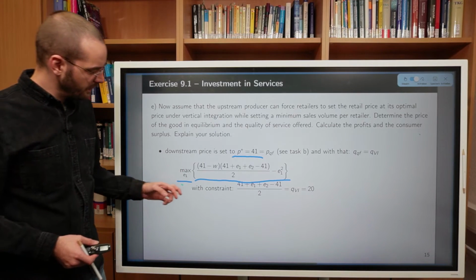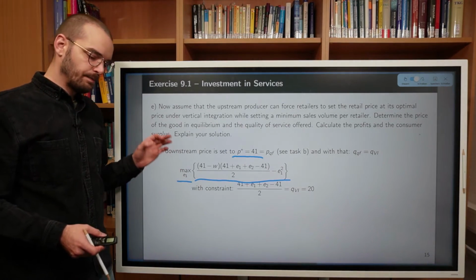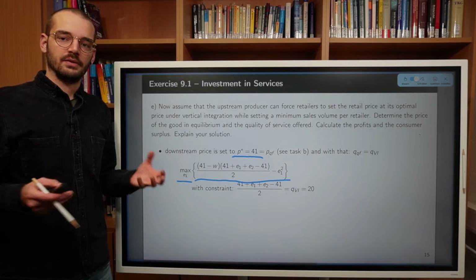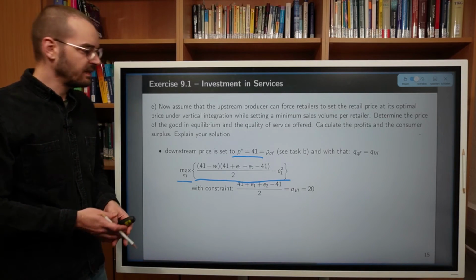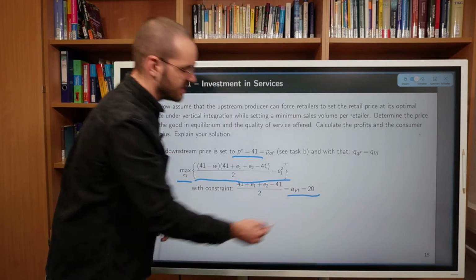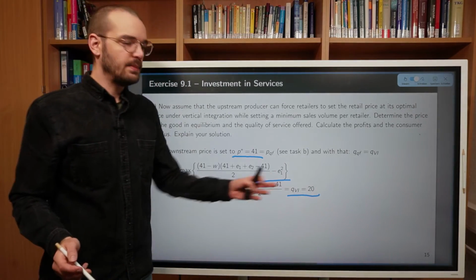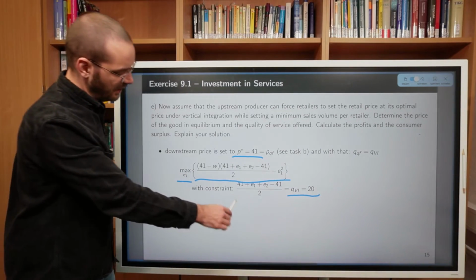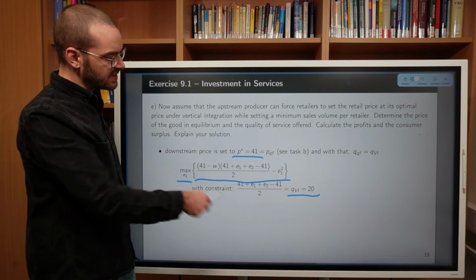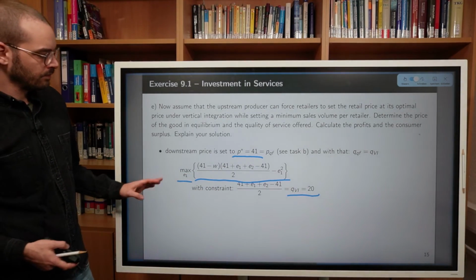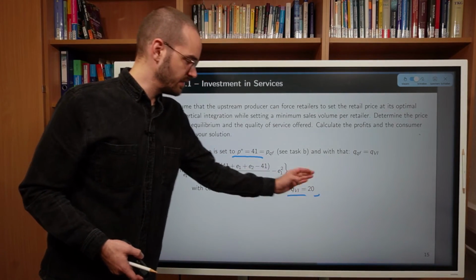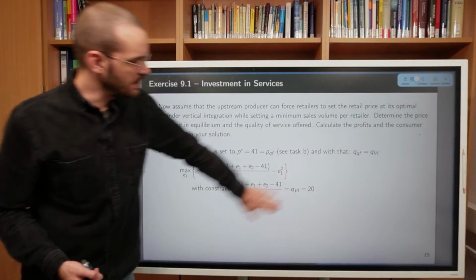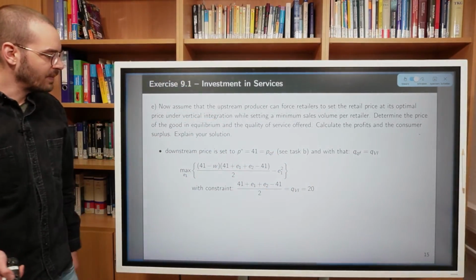But now the downstream firm is choosing their profit maximizing amount of services provided E under a constraint. The constraint being that they must provide the same quantity they did under vertical integration, namely 20. So we have the constraint that the demand function must equal 20. A maximization under a constraint of course demands the Lagrangian method.